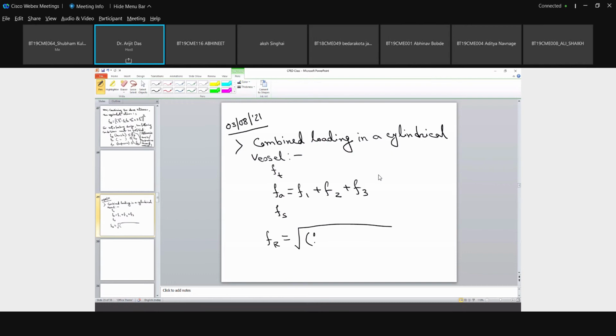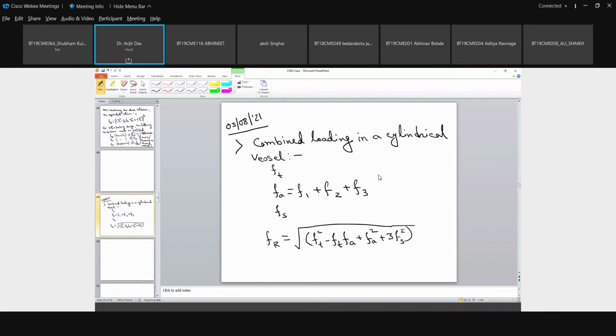The expression is Ft square minus Ft Fa plus Fa square plus 3Fs square. So these are the resulting loads or stress in the pressure vessel.